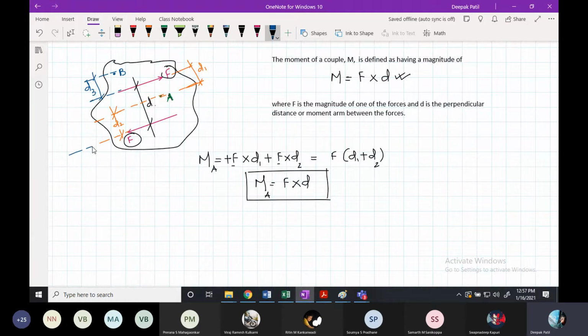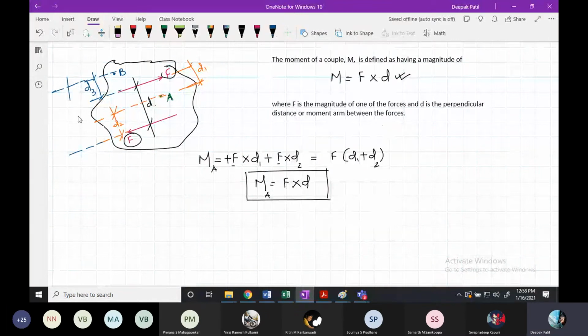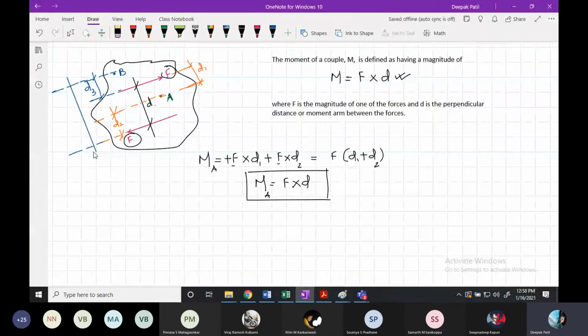And let this distance be, say, d4. Please see here the distance between point B and this force F is d3, and the distance between point B and this force F, let it be d4.